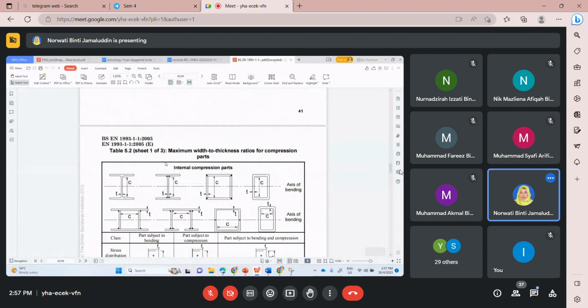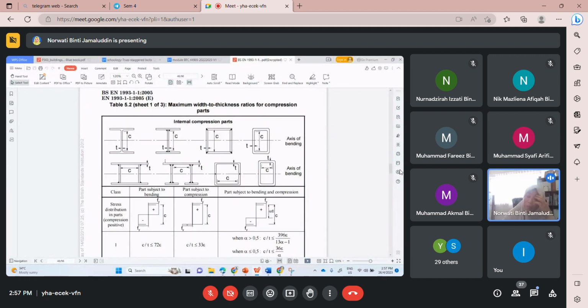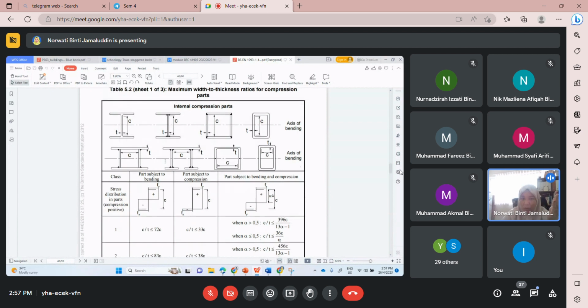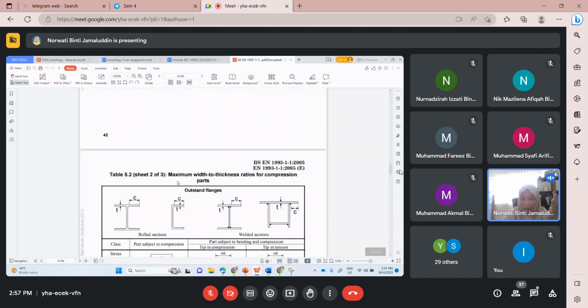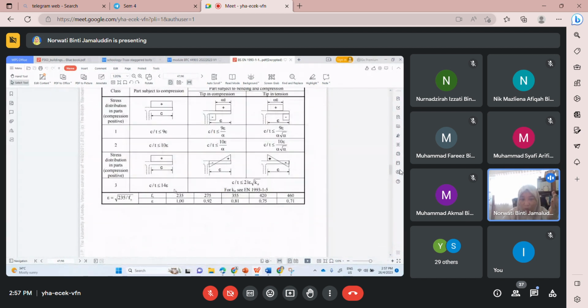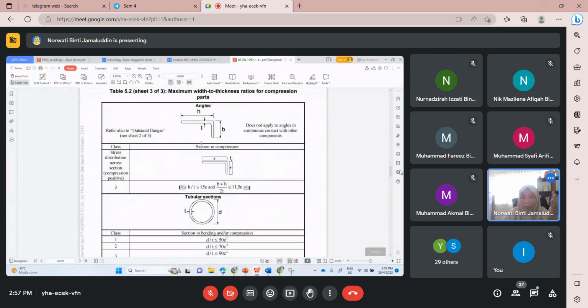Okay, so table 5.2. We are using angles, so this part is not related. This one also is not related. Only sheet 3 is related to the angle section. So what we need to do is set here.